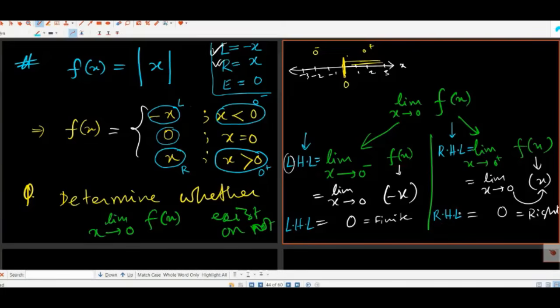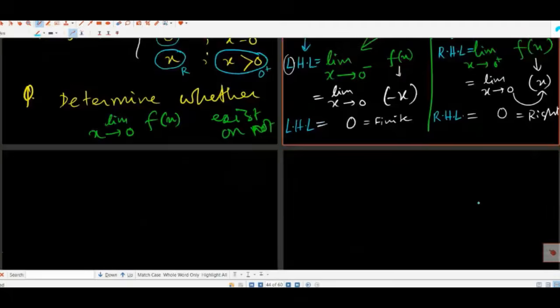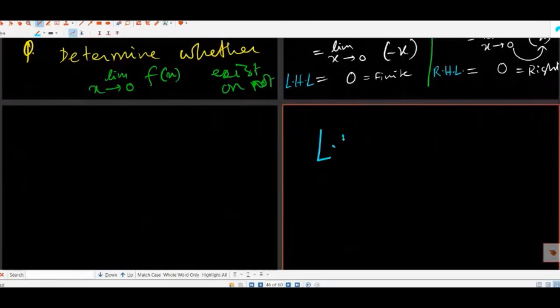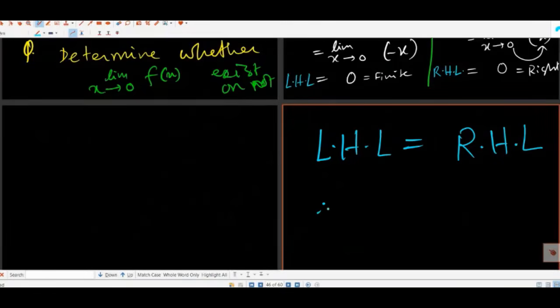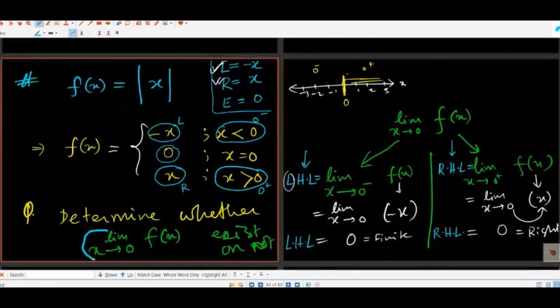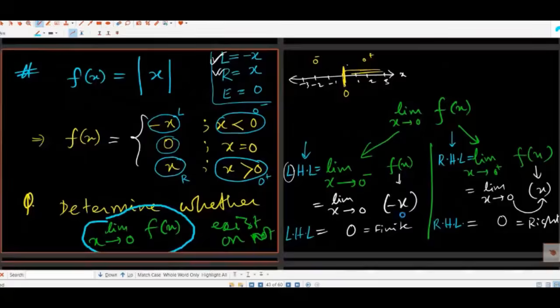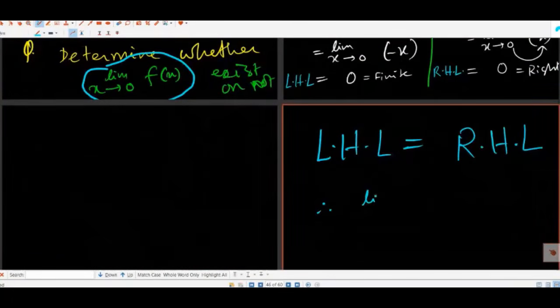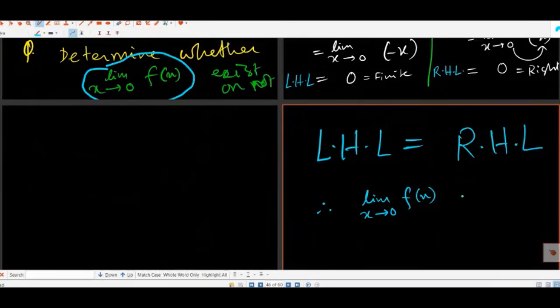Both these two limits are the same. So we can now say, since the left-hand limit equals the right-hand limit, therefore the main limit, that is the overall limit, exists. That is this one, what we are targeting. That is, the limit of f of x when x approaches 0 actually exists.